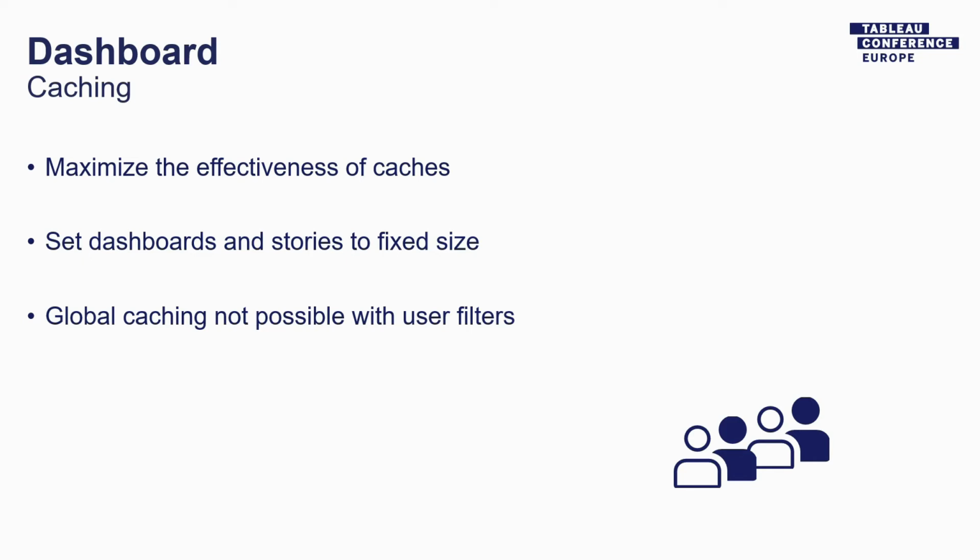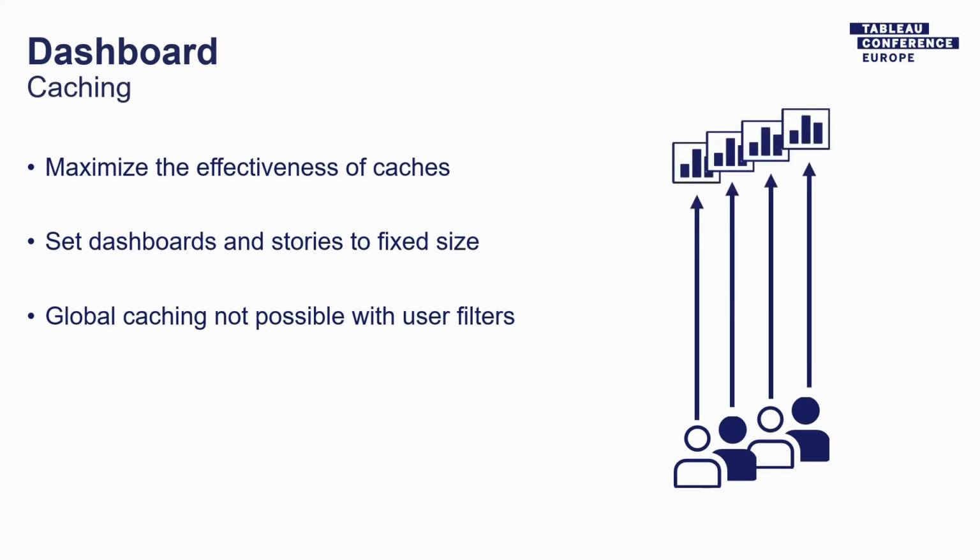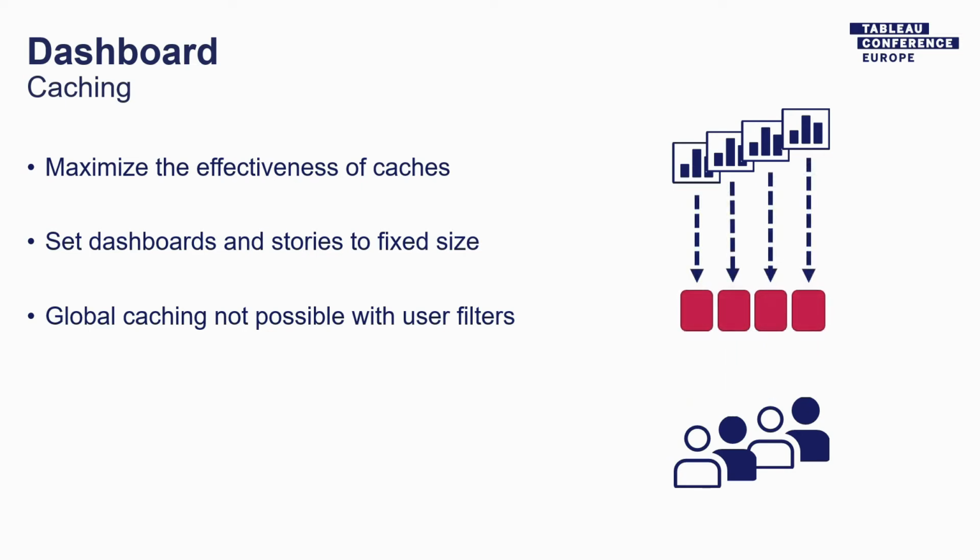Also to be aware of is that global caching cannot be used when you're using user filters. So imagine user filters are used. Everybody who's accessing the dashboard accesses his own filtered view. That means that there's still cache. However, the cache is individual.